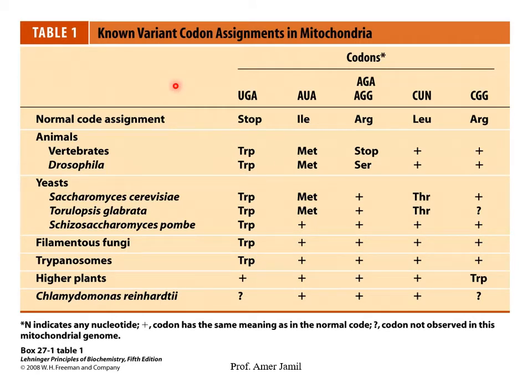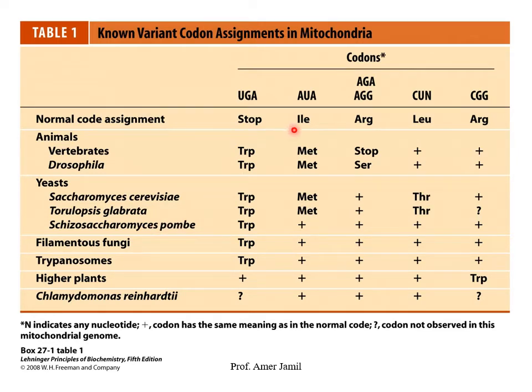But in rare cases, some variation also exists in the codon assignments. For example, here you can see the variation in codon assignments in mitochondria. I give you the example of UGA, which is usually a stop codon, but it codes for tryptophan in the mitochondrial genome of these organisms.